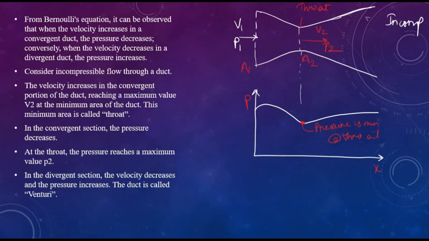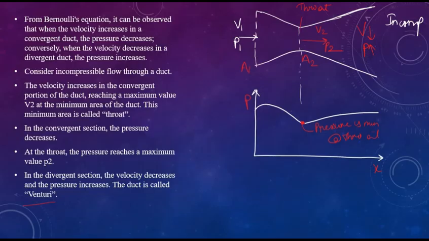Now what happens to the flow in the divergent section, that is downstream of the throat? What happens to the velocity in this region? Velocity decreases and pressure increases. As you can see, there is a rise in pressure again in the divergent section. So this duct, what we have seen, is usually called a venturi.